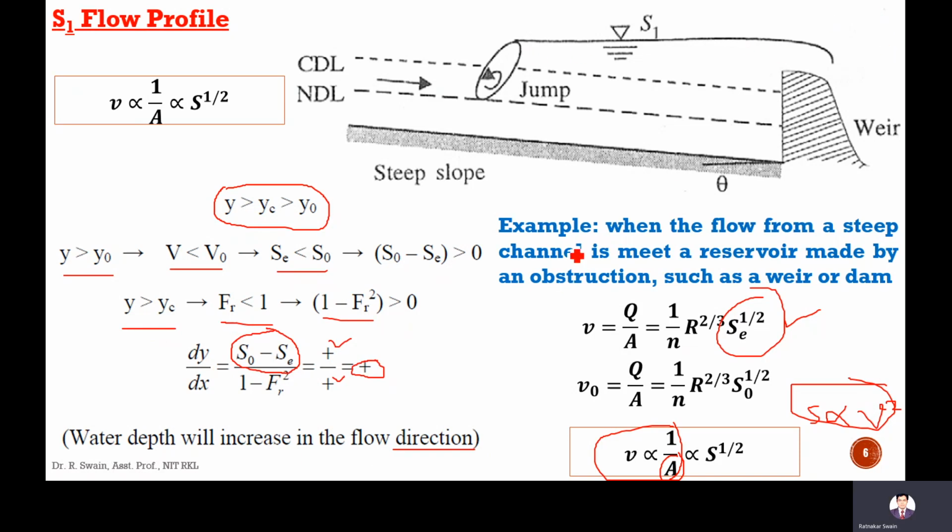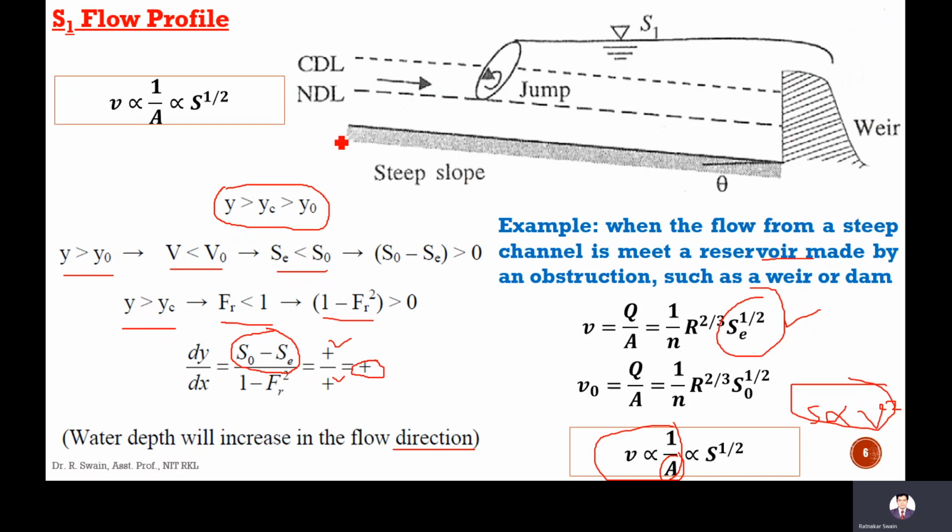So this type of flow profile can be obtained when a steep channel is meeting a reservoir made by a hydraulic structure, like a weir or dam. Like there is a weir or dam and there must be a reservoir.